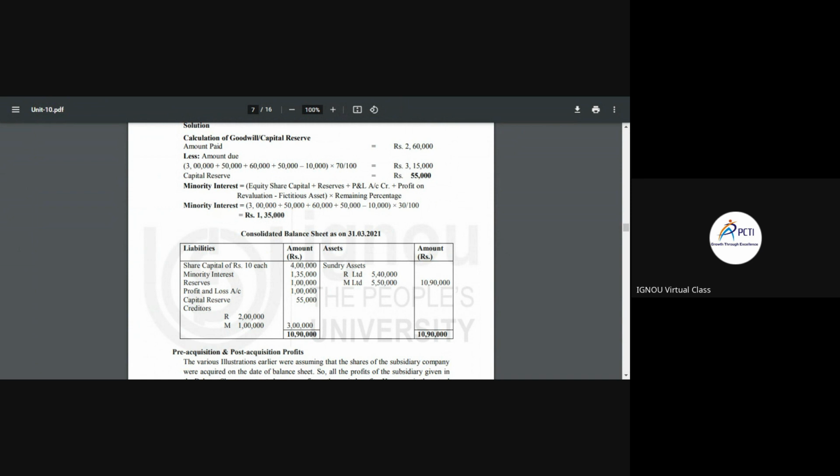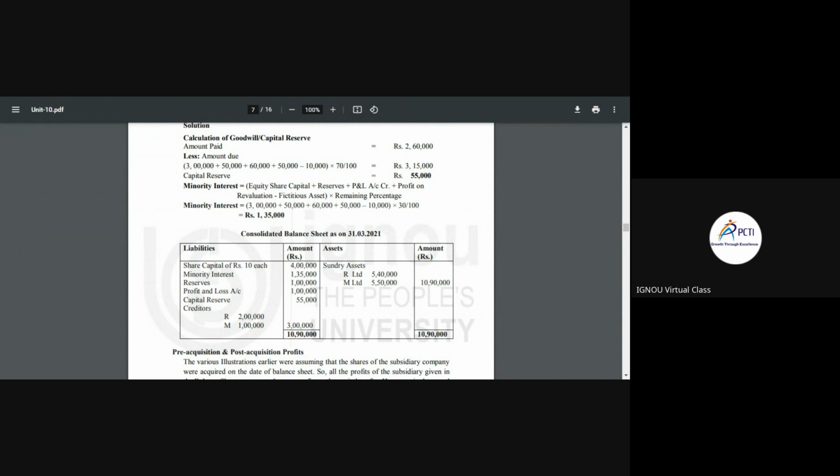In the case of minority interest, we calculate it as follows: equity share capital plus reserve plus P&L account plus profit on revaluation, then we deduct the fictitious asset, multiplied by the remaining percentage. According to this, the minority interest is rupees 1,35,000.